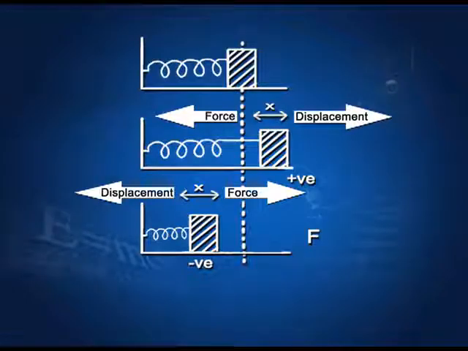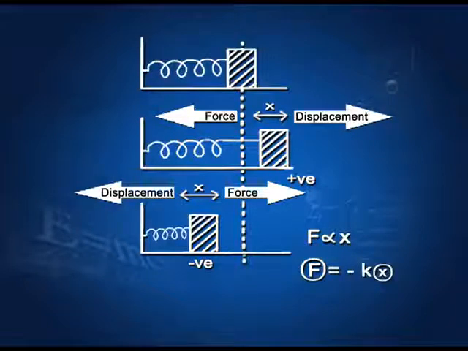So, this is proportional to x, and from here we can also see that it would be equal to minus some k times x. The minus sign is important to understand over here. The relevance of the minus sign here is that this displacement vector is opposite to the force vector.